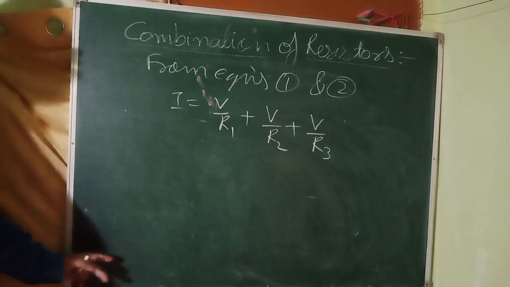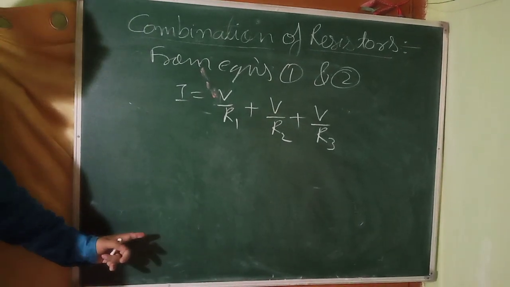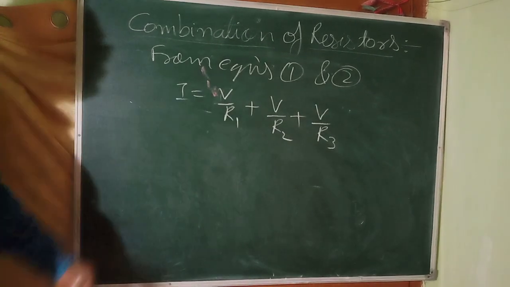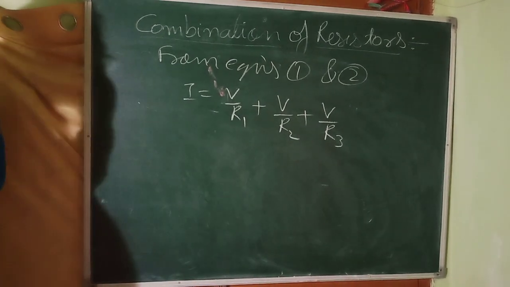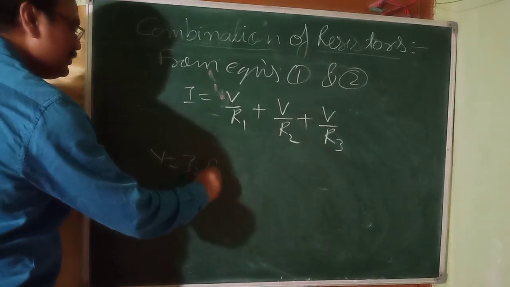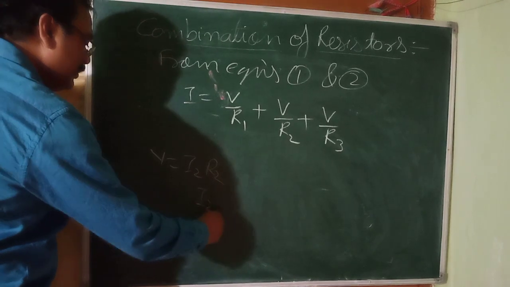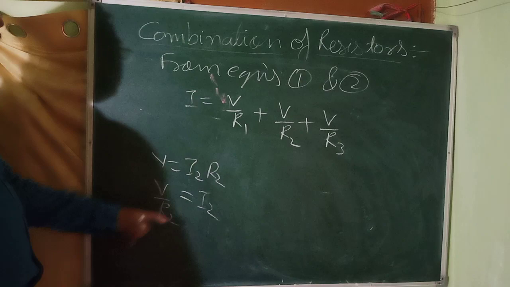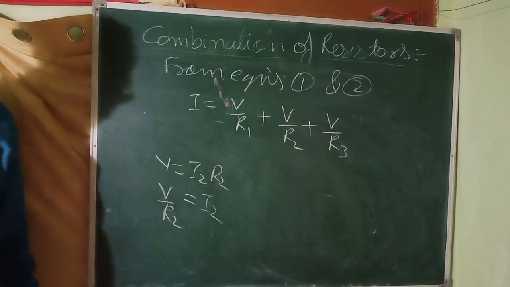Because in equation 2, V is equal to I1 R1, so from there you can get I1 is equal to V by R1. In the second equation, V is equal to I2 R2 was there. From there you can get I2 is equal to V upon R2. In the same way for the third also you can get V upon R3.